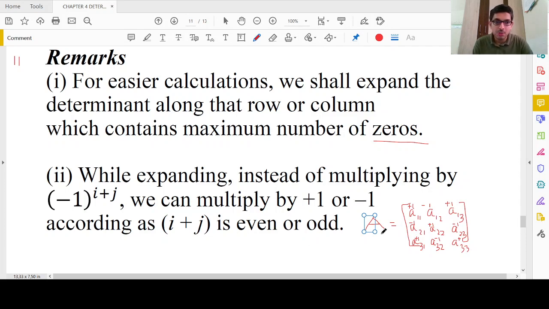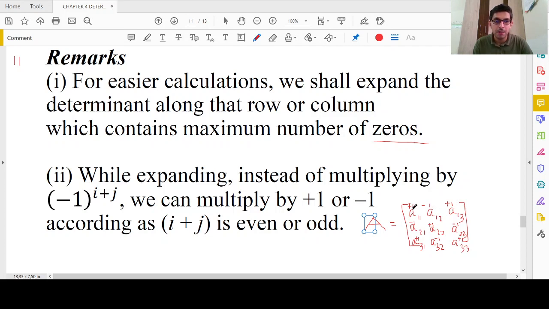So suppose A equals a 3 by 3 matrix, A11, A12, A13, A21, A22, A23, A31, A32, A33. Here the sum of the suffixes is even for the first row, first column element you are taking, so it should be multiplied with plus 1. Then the second is A12, where the sum of the suffixes is an odd number, so multiply with minus 1.